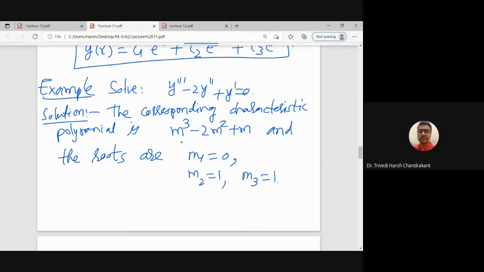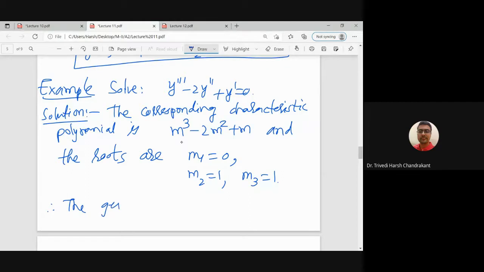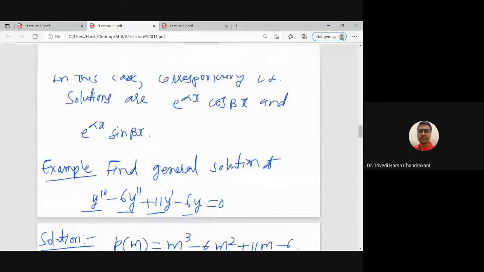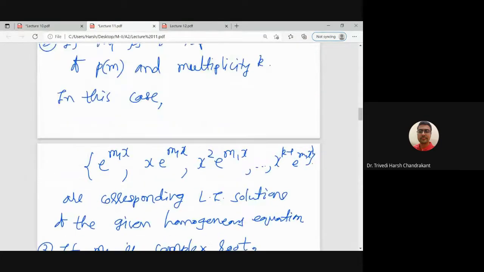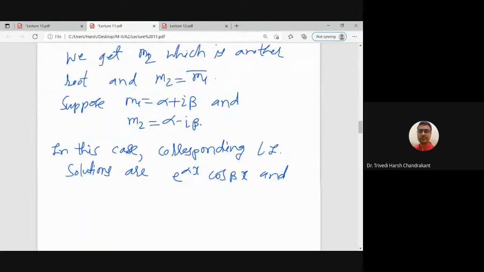So therefore the general solution is y(x) equals, the first root is c1 e power 0x, that is m1x, plus second root is c2 e power 1x. Now the third root is the same because these two are repeated roots. So what we shall do, we can't take e power 1x again. We know that whenever we have repeated roots, we take the next solution to be x times this solution.